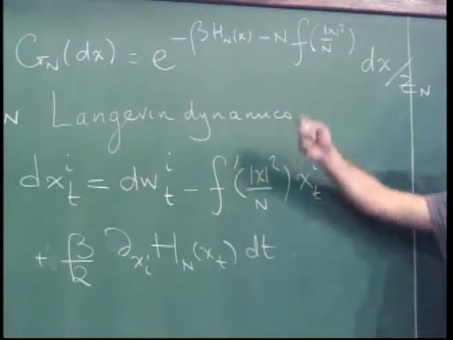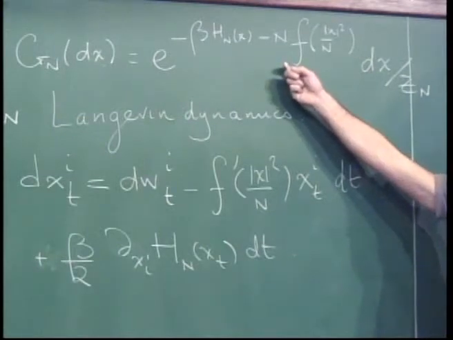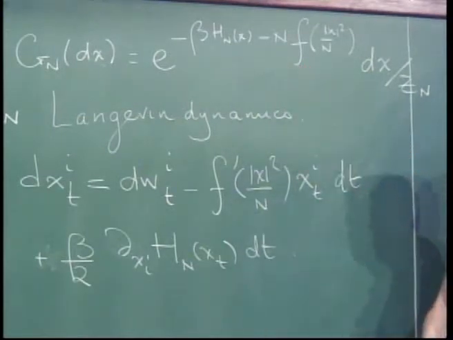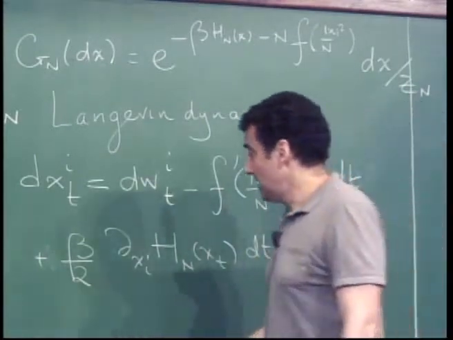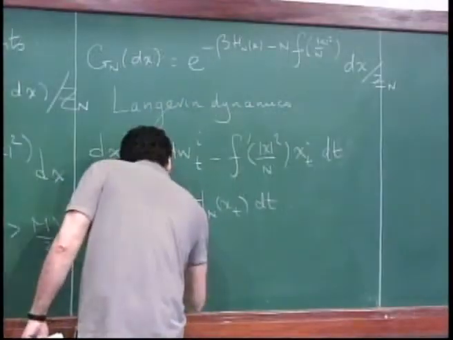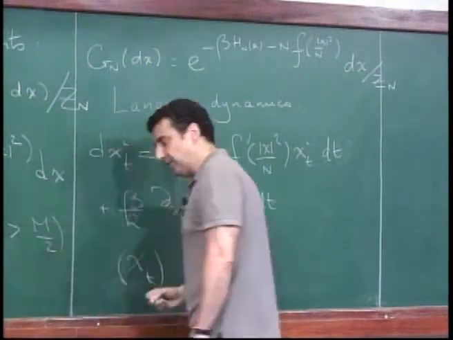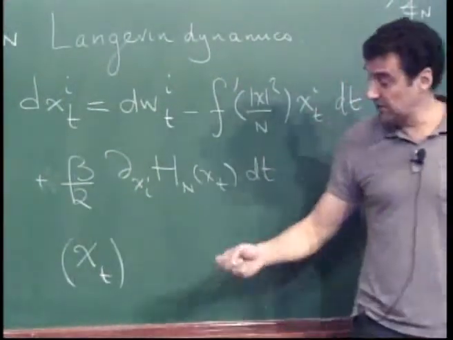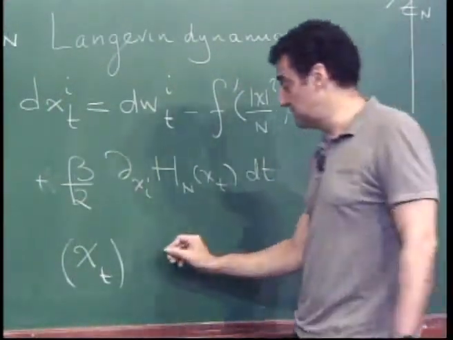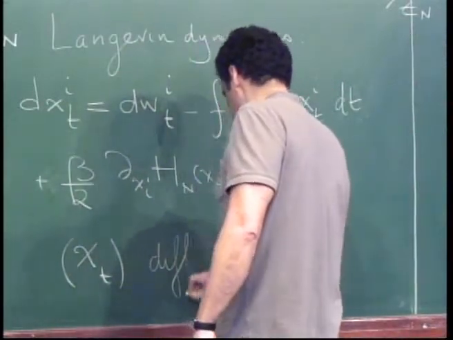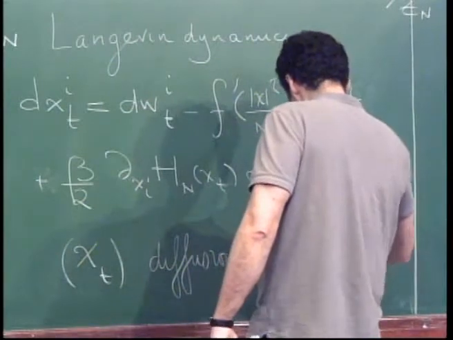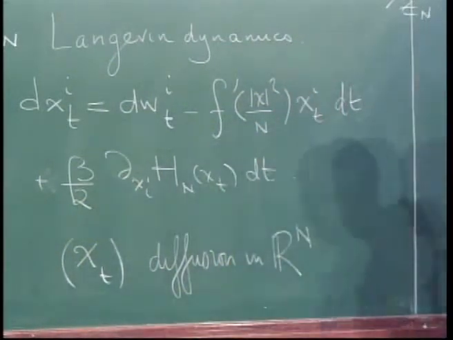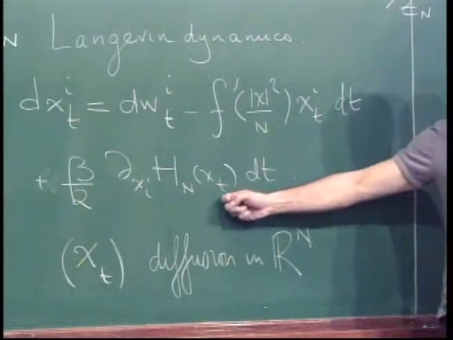These guys have this measure as an invariant measure. And you're interested in the long time behavior. So you have this dynamics, x_t. It's a diffusion in R^n, in a random potential, right?